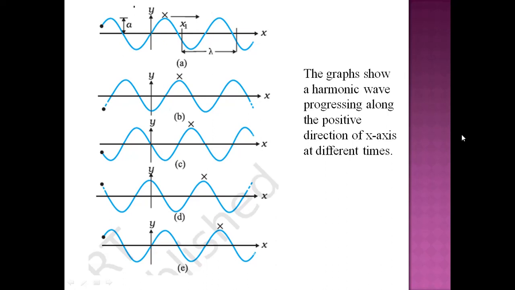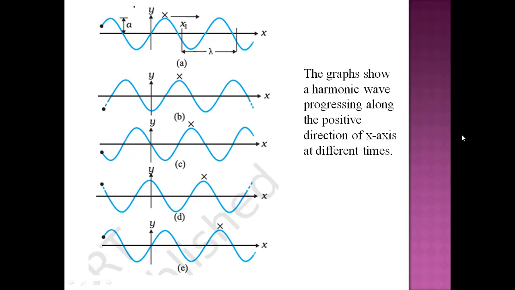Now in a wave, you know, crest is the point of maximum positive displacement and trough is the point of maximum negative displacement. Here the crest is marked by a cross, as you can see in the graph, and the motion of the cross along the positive x-axis shows the movement of the wave.